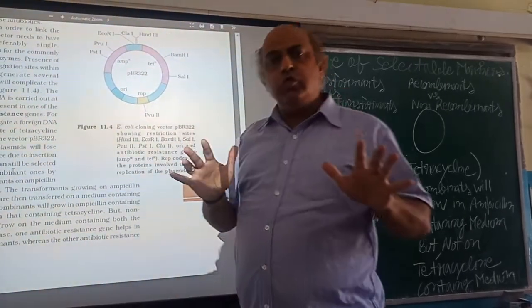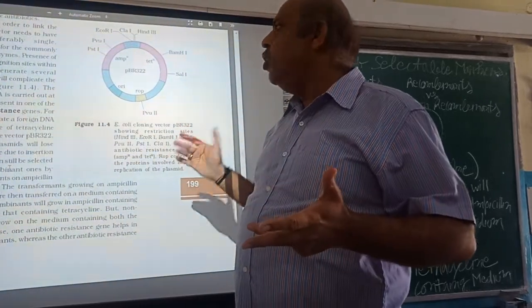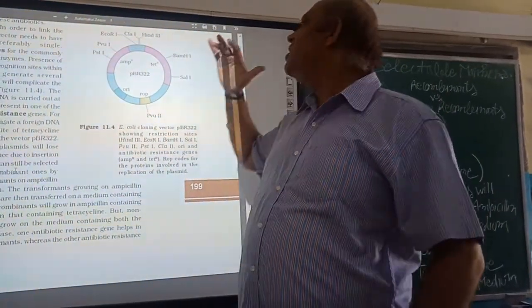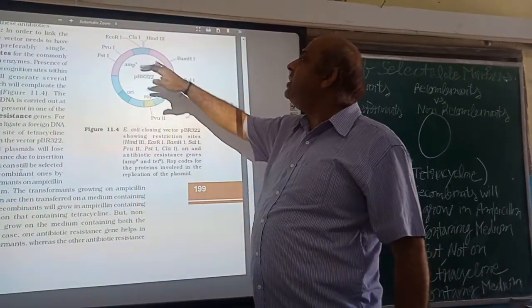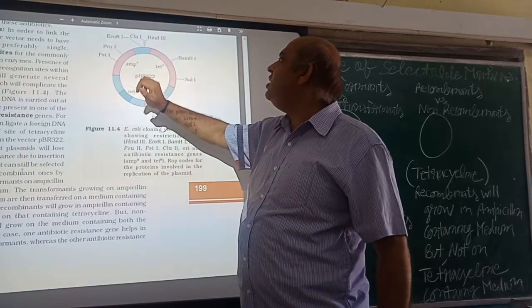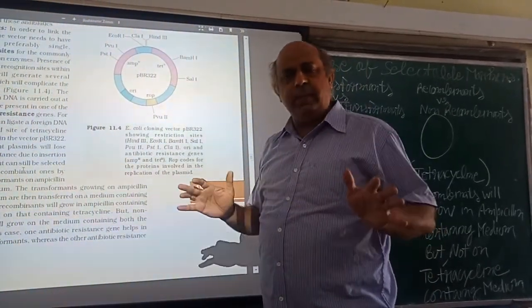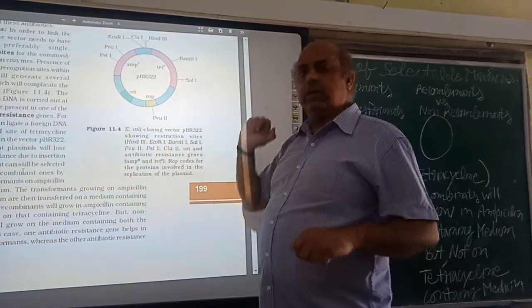Whenever we use this plasmid as a vector, we prefer those restriction enzymes whose restriction sites are present either in the ampicillin resistance gene or in the tetracycline resistance gene. For example, we are using the enzyme BamHI.